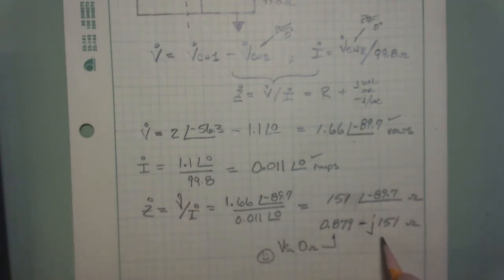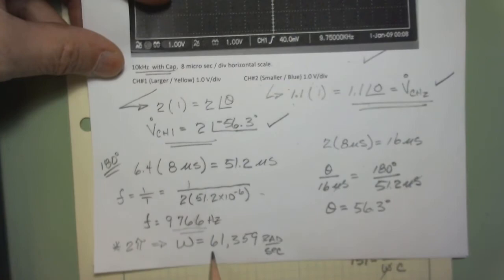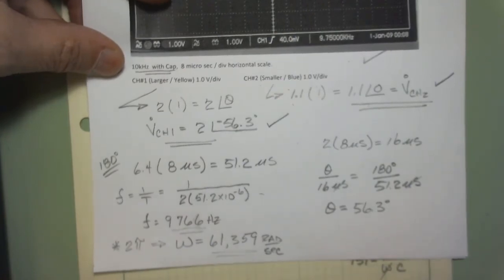This one here, remember, this should be minus j over omega c, right? So I can say that this 151 is equal to 1 over omega c, where our omega, this is why we needed to calculate the omega. Remember back here we had this omega right here, 61,359.